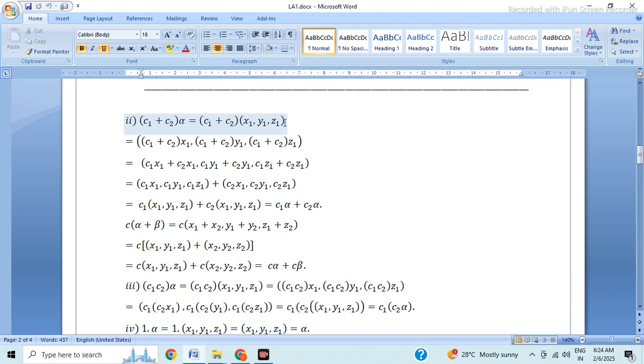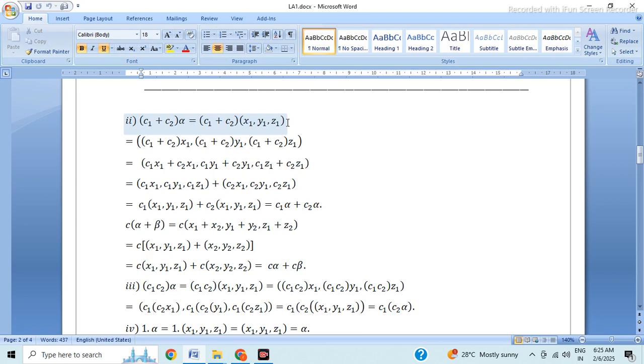Next condition. What is the next condition? Next one is C1 plus C2 times alpha is C1 alpha plus C2 alpha. It is similar like that only. Instead of alpha, we substitute x1, y1, z1, then multiply.